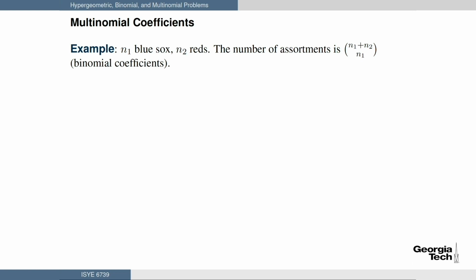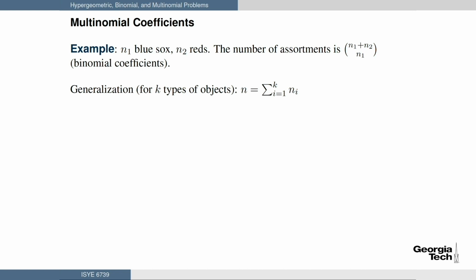You can imagine that binomial generalizes to multinomial, and so I'm going to generalize here. Let's suppose instead of 2 different types of objects, blue and red socks, now I have k different types of objects. I'm going to let n equal the sum from i equals 1 to k of n sub i, where n sub i is the number of type i objects.